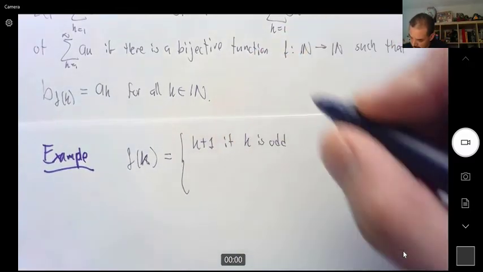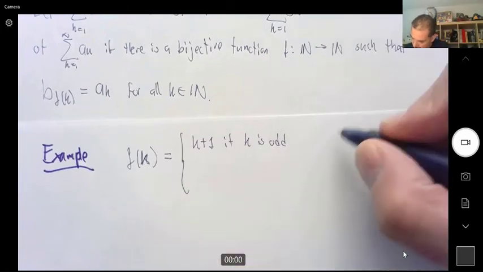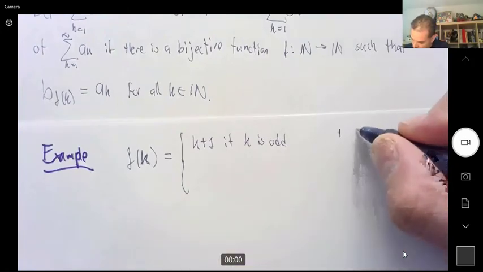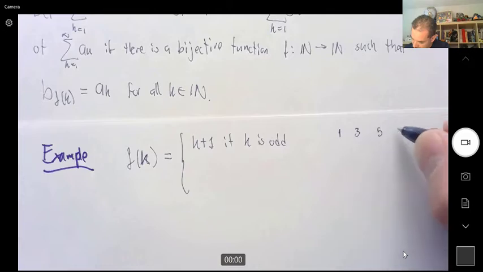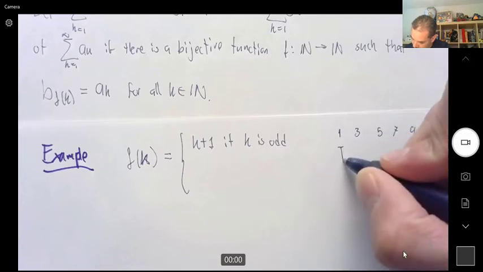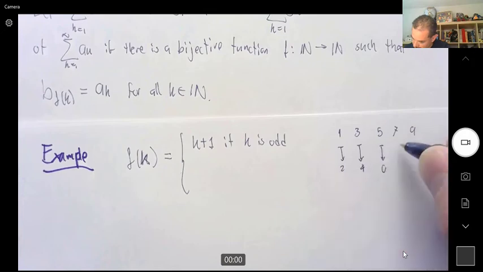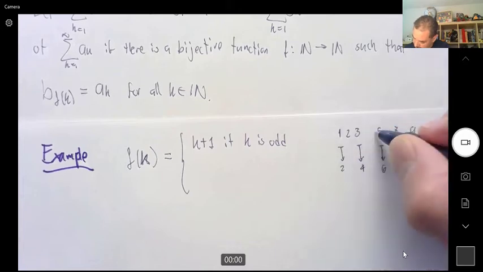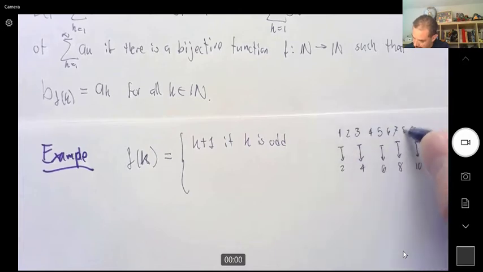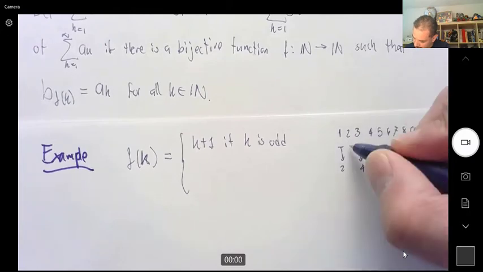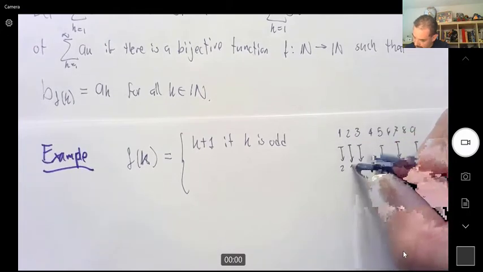So let's write down what we're doing here. Here's 1, 3, 5, 7, 9. So 1 I'm sending to 2, 3 I'm sending to 4, 5 I'm sending to 6, 7 to 8, 9 to 10, etc. And then the other ones, 2, 4, 6, 8, etc. Well, I have to pick up the other ones, right?